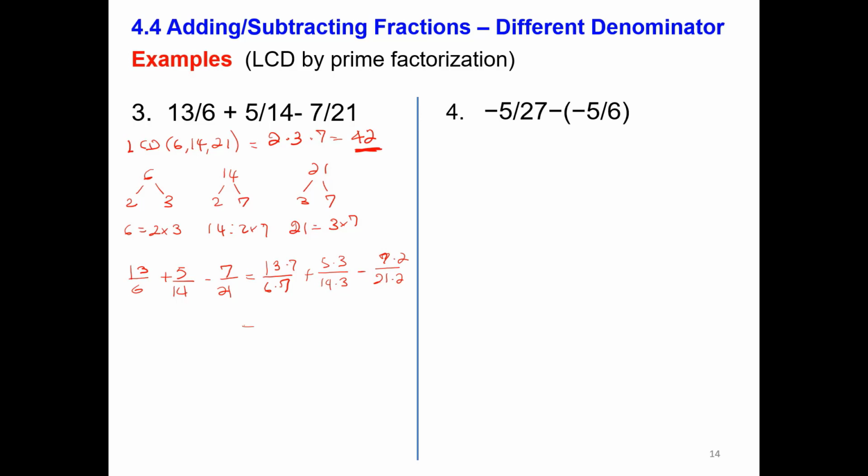Now let's multiply. 13 times 7 is 91 over 42, plus 15 over 42, minus 14 over 42.